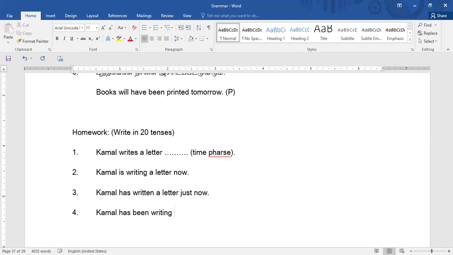Kamal has been writing a letter. We can also add the time phrase since 9 o'clock. Kamal has been writing a letter since 9 o'clock.